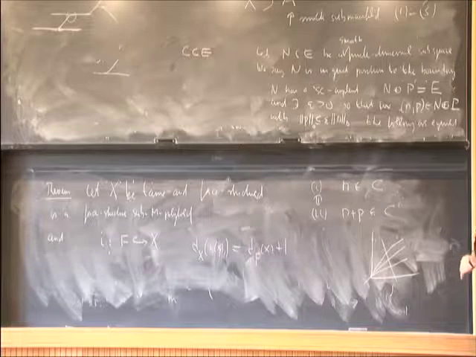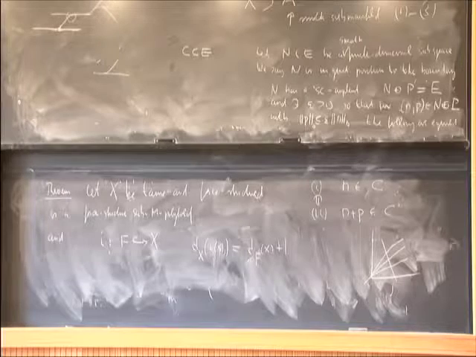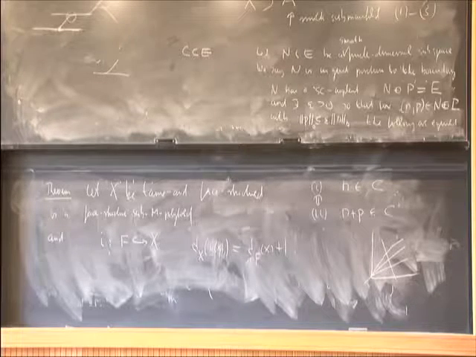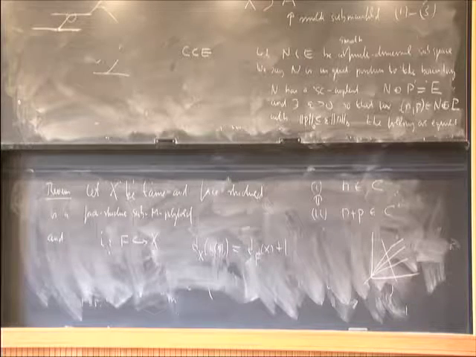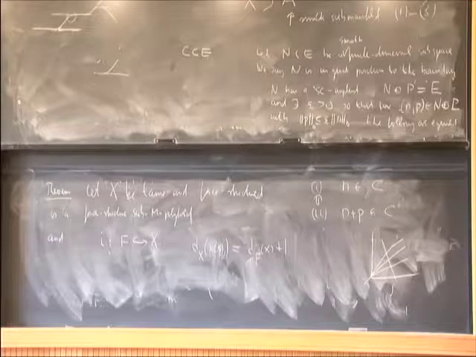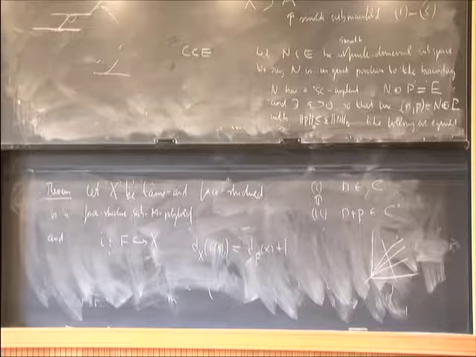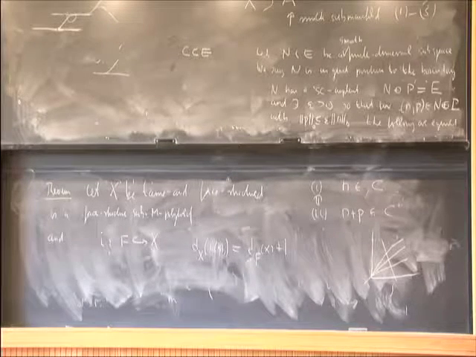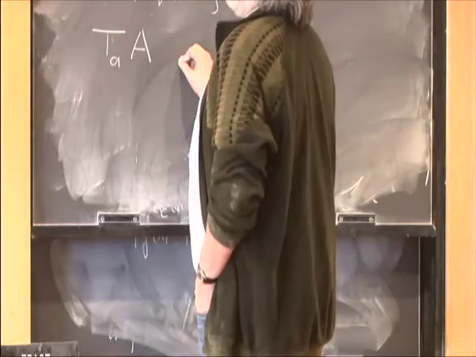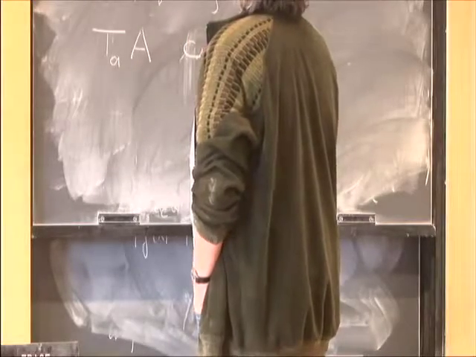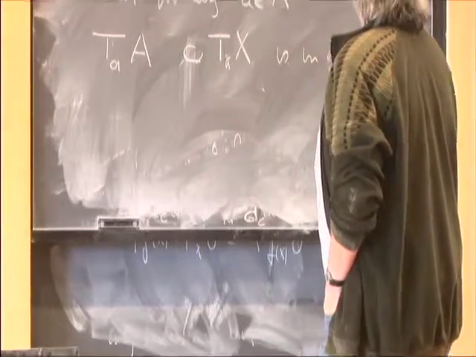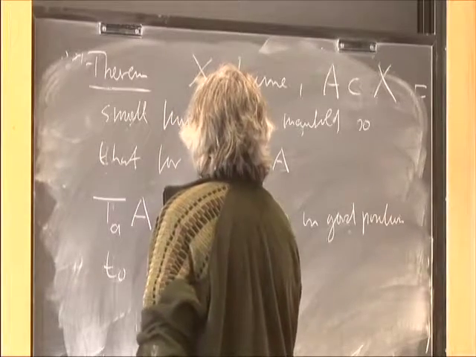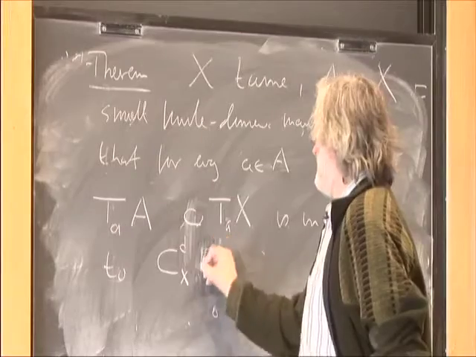So we have a theorem. Let X be tame, and let A in X be a smooth finite-dimensional manifold, so that for every a in A, T_aA, which of course lies in T_aX, is in good position to, well, here was a C, D, X.